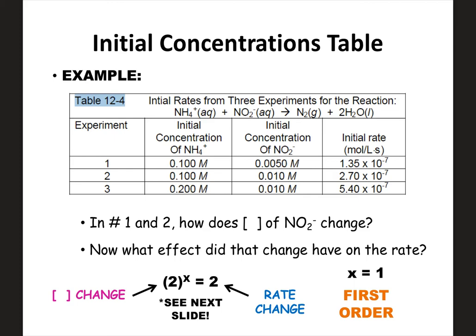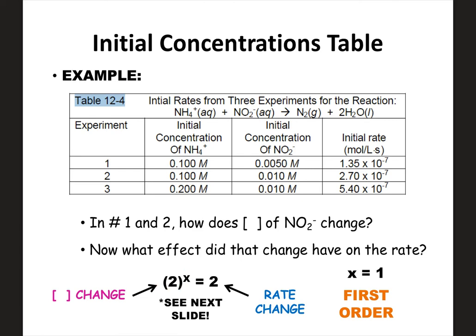So as you go from 1 to 2, you have 0.010 for the concentration, but for experiment 1, the concentration of NO2 minus is 0.0050. So the concentration essentially doubled, and that's what you see taking place here. The change in concentration doubled.